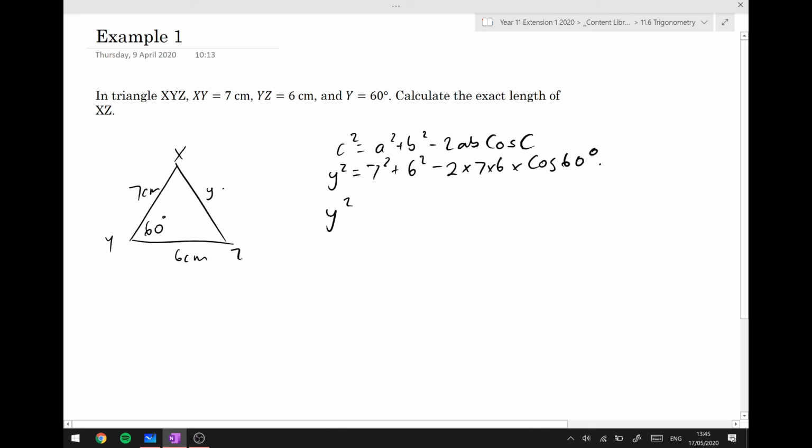So y squared is equal to 7 squared which is 49, plus 6 squared which is 36, minus 2 times 7 times 6. 7 times 5 is 35, so 7 times 6 must be 42. Doubling 42 gives us 84 cos of 60 degrees.